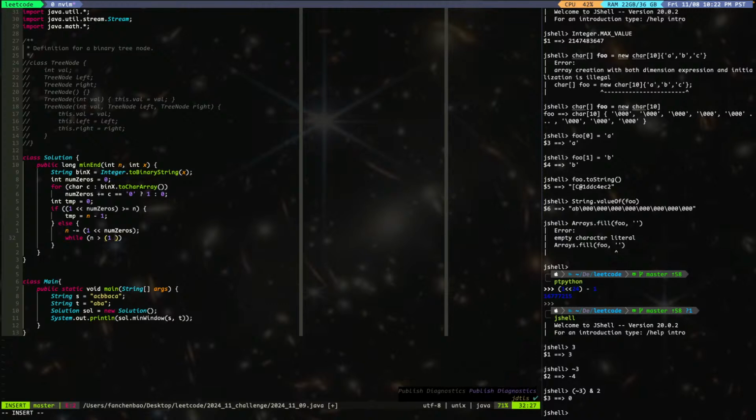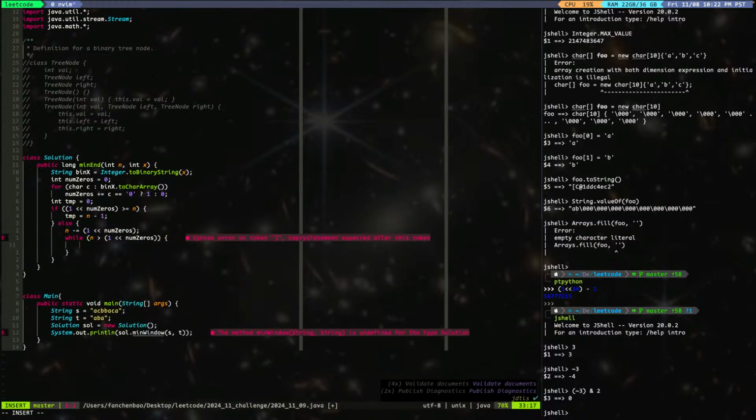Okay, hold on. Yes, left shift num zeros, right? If n is larger, so n we already reduced n, okay? So we say the remaining n, if it's larger than 1, left shift this.